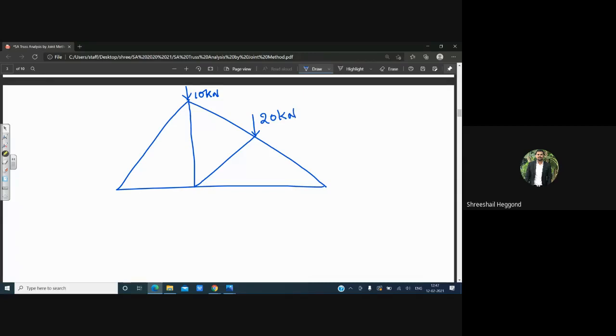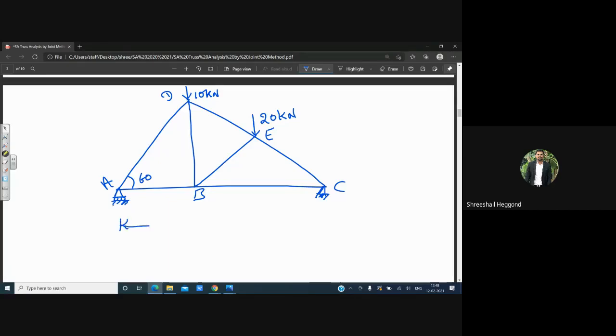Simple first problem we are solving with respect to the same. One is roller support and another is hinge support. This is A, B, C, D, and E. At D, 10 kilonewton load is applied, and at E, 20 kilonewton load is applied.